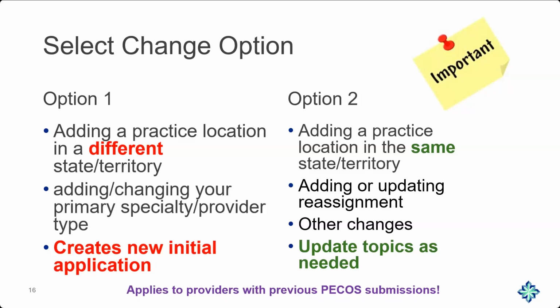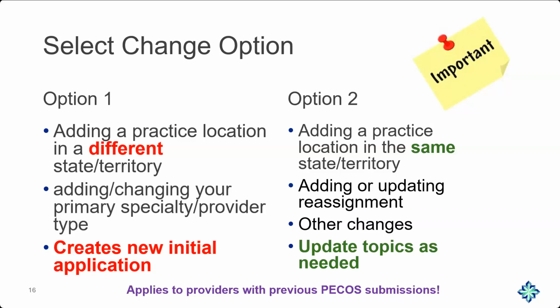Option two is adding a practice location in the same state or territory. So you want to make sure you're reading through these. If you're adding a practice location in the same state, that is truly just going to be a change and it's going to be a much smaller application. It will come in as a change to an existing provider PTAM.